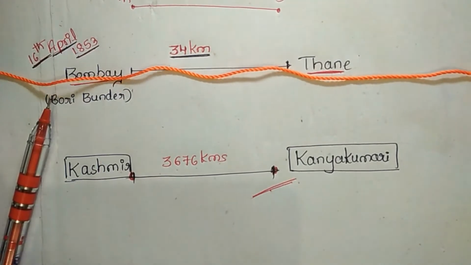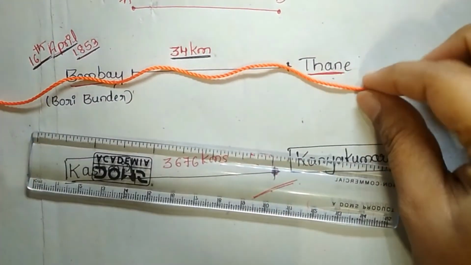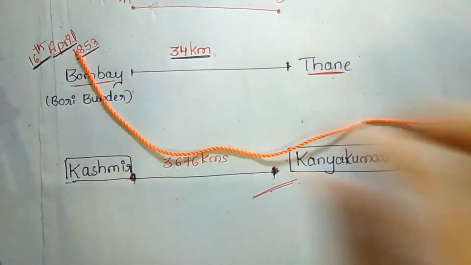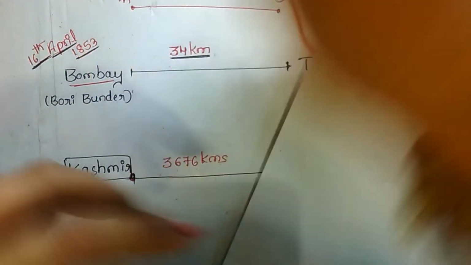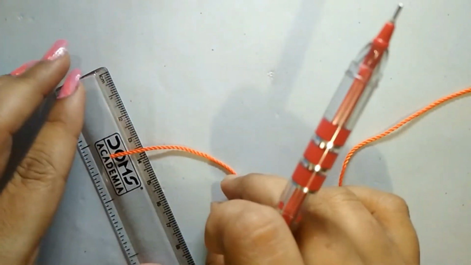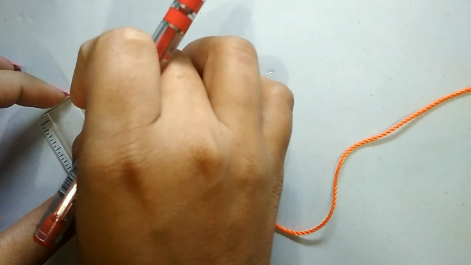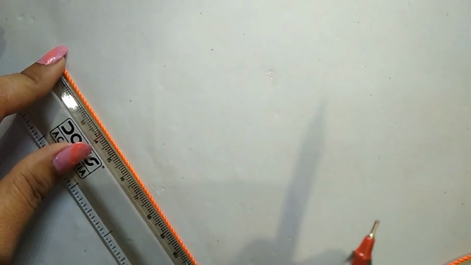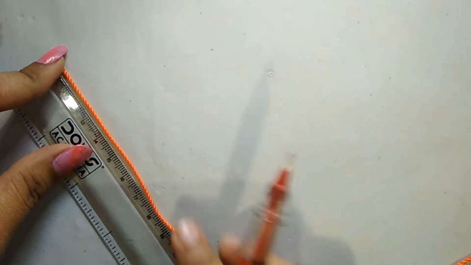Now I want to cut this thread. We'll take the help of a scale. Why do we need a scale? Scale is also one of the instruments used to measure a line segment. Line segment, you are getting what it is.